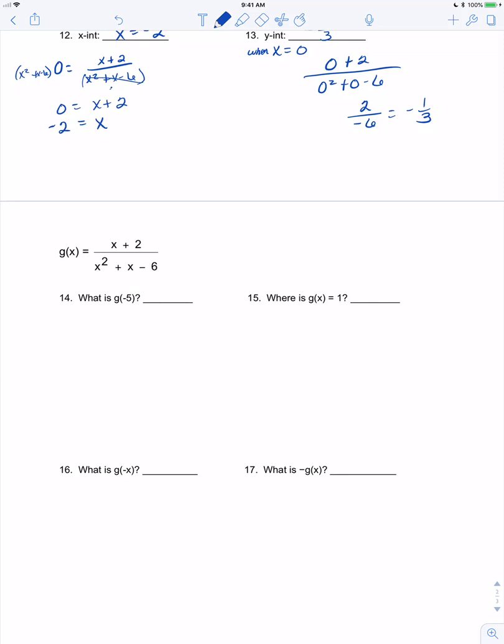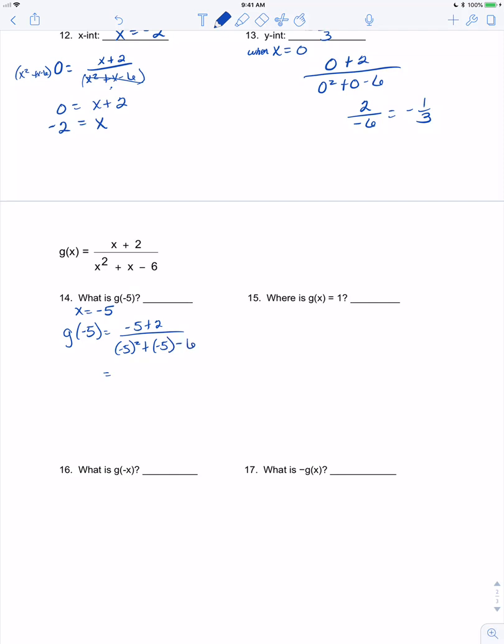Okay, so what is g of -5? Well, that means x is -5. So we're going to plug it into the equation. G of -5 then is -5 plus 2 over -5 squared plus -5 minus 6.